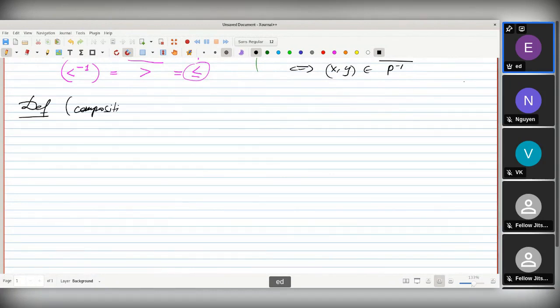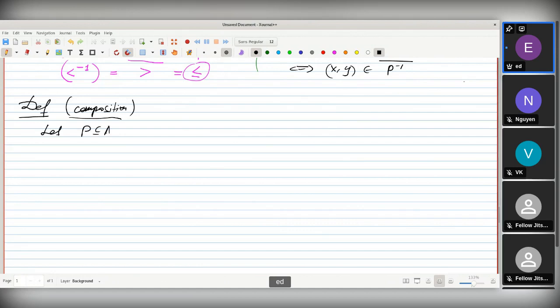Composition. This composition is slightly trickier than conversion. So what is the main idea? First of all, let me give the formal definition.